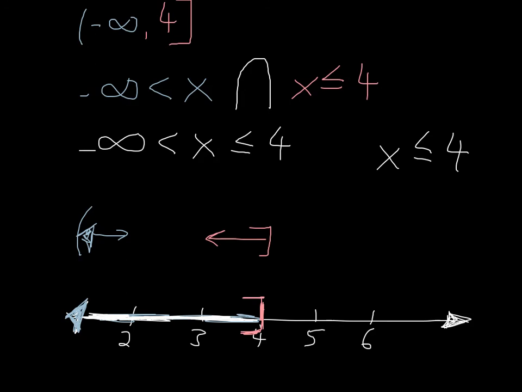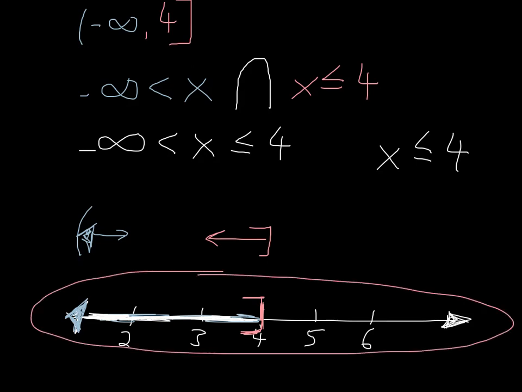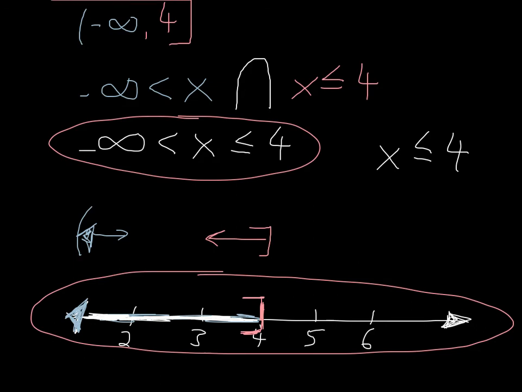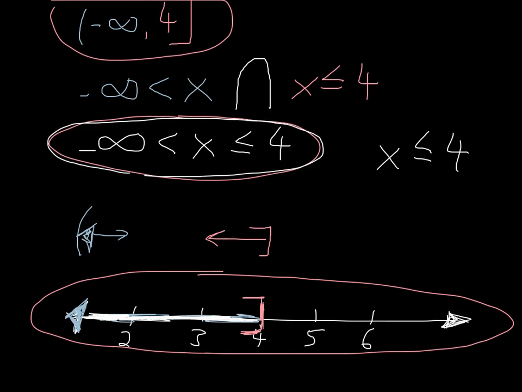And so I think we've met everything. We have our number line, we have our compound inequality, we have our interval notation, we have our set notation. Oh, we forgot our set notation. But luckily, we know that we can just take our compound inequality and put it in the set notation.